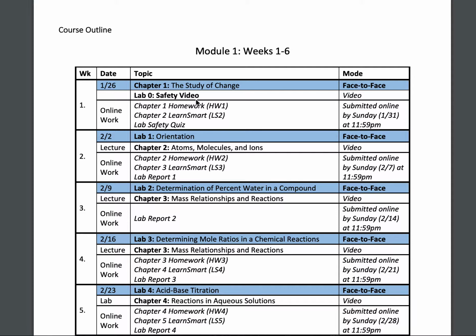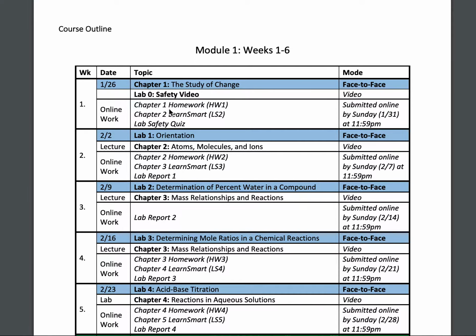Now, also at home, you're going to be expected to do your Chapter 1 homework assignment, which is labeled HW1, and your Chapter 2 Learn Smart assignment, which is labeled LS2, and then take the lab safety quiz. This all has to be completed by midnight on Sunday night.